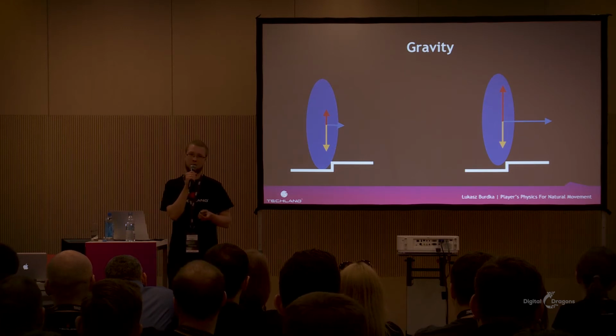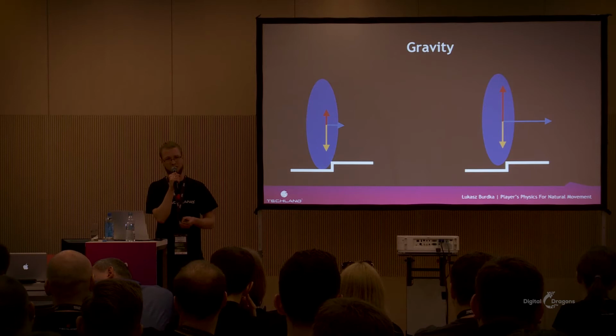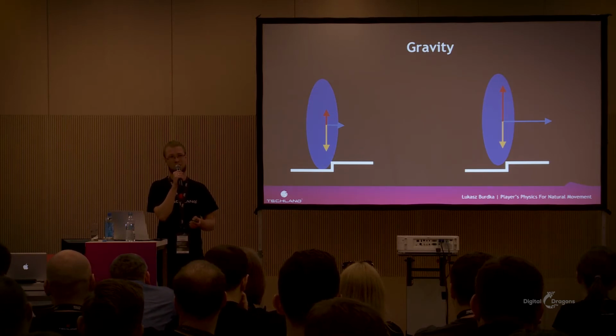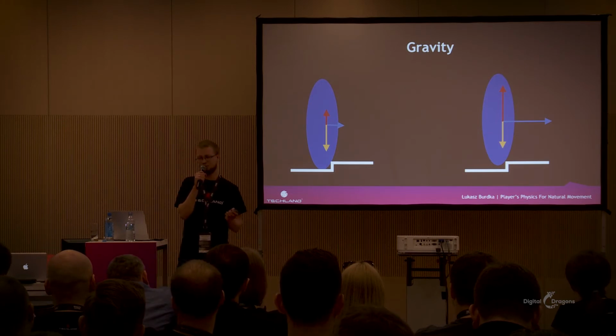And it led to the birth of the complex auto-step system, which allowed for climbing low obstacles no matter how slowly we move. And it was one of many complex systems dedicated to some specific issues that we had to implement.